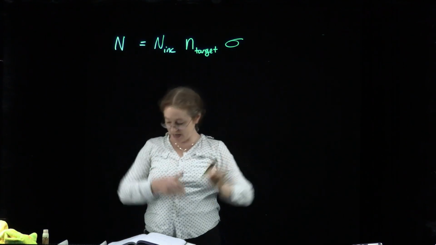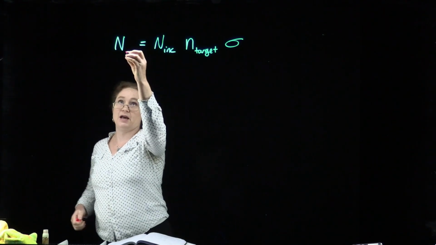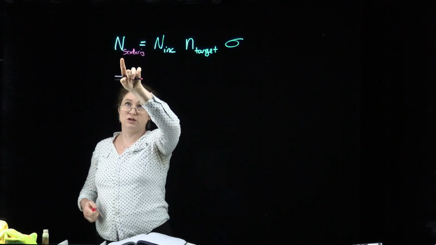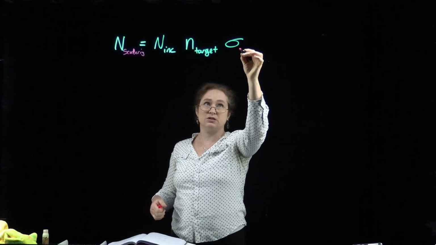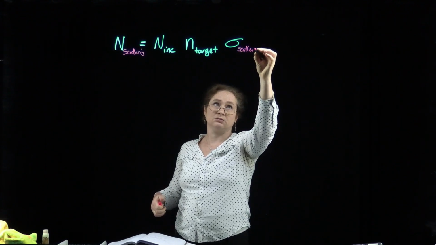Now we had talked about this in terms of a scattering cross section. So the number of objects scattered is proportional to the scattering cross section.